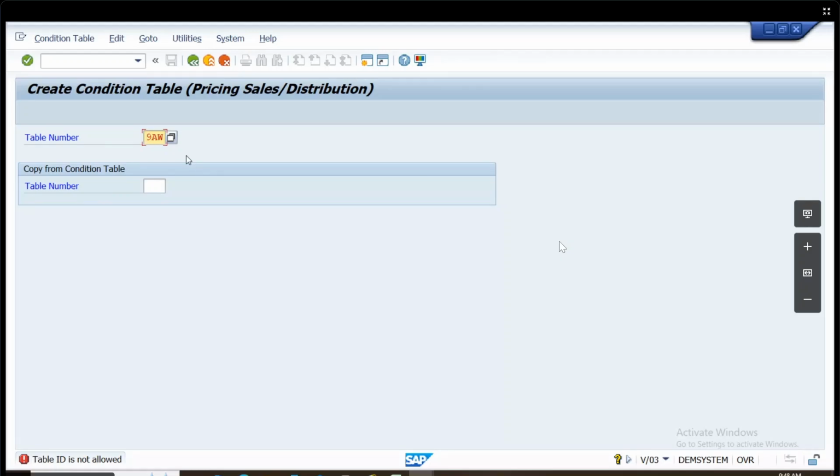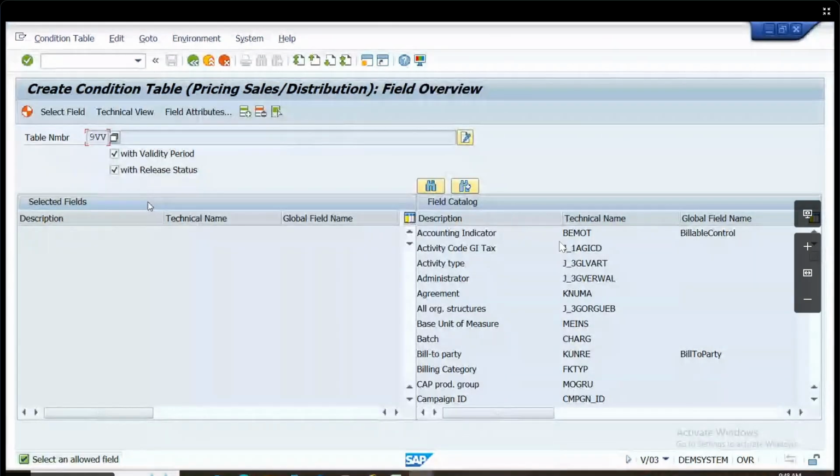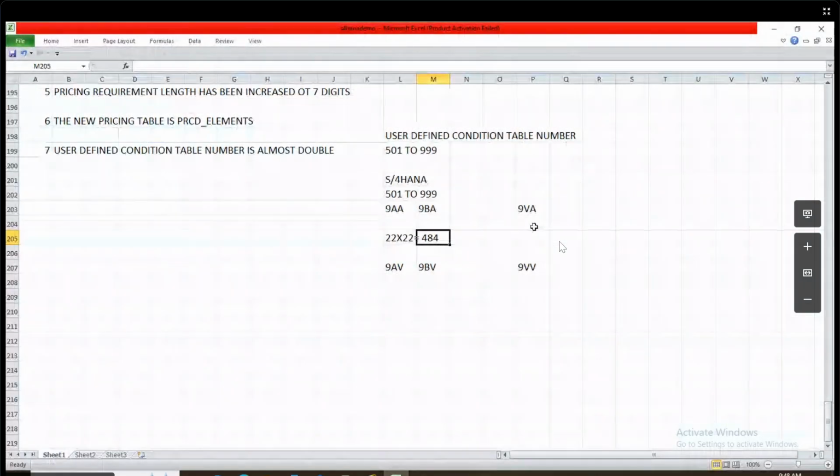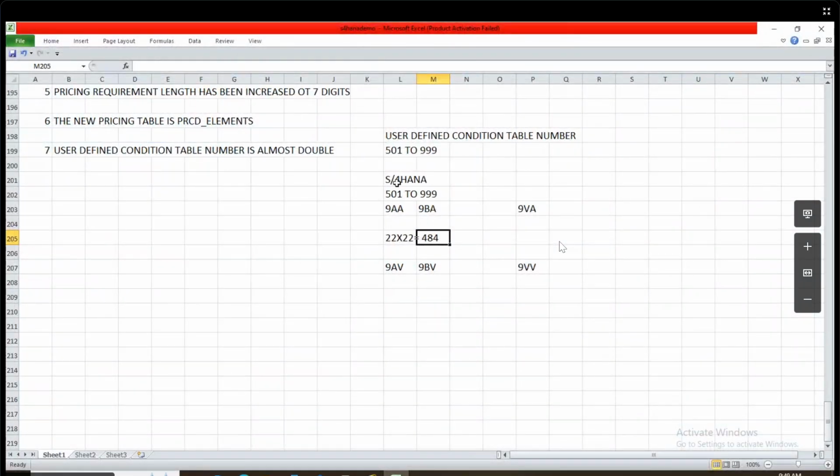Okay. 9AA to 9AV, 9BA to 9BV, 9VA up to 9VV. So we can use 484 extra user defined tables here. So here you have almost double, meaning extra 484 tables.